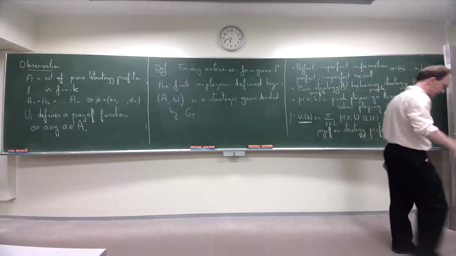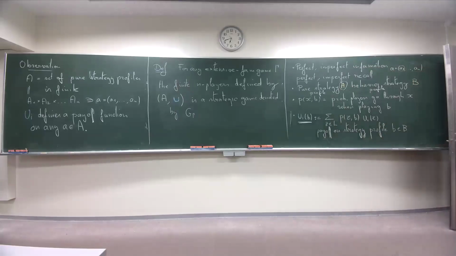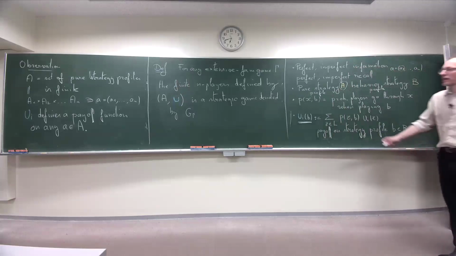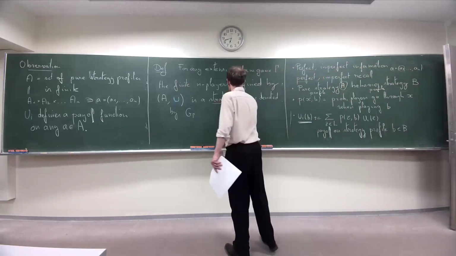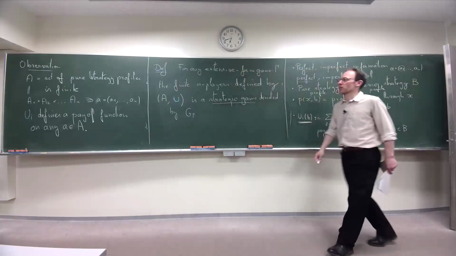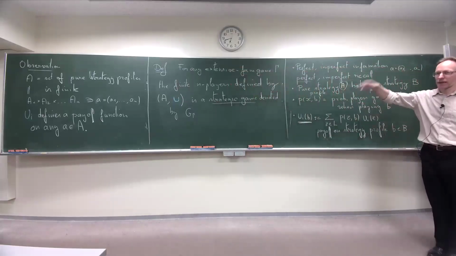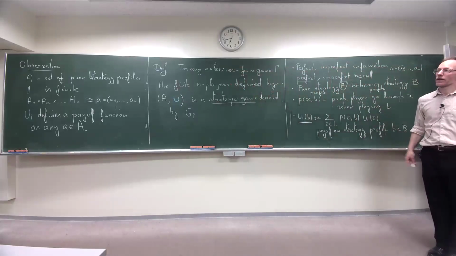So starting from an extensive form game, I can define what we have seen in the previous chapter, which is this set of strategies and a utility function or payoff function.